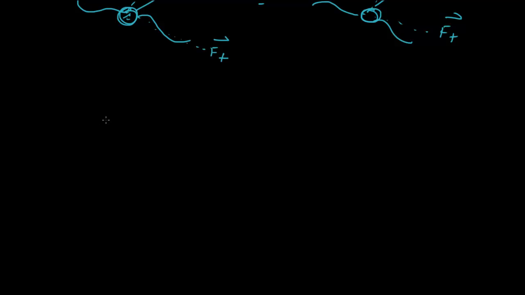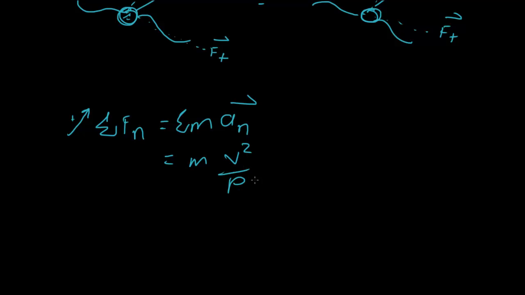We're saying that the sum of the forces in the normal direction, taking the normal direction as positive, is equal to the mass times acceleration in the normal direction, which is also equal to the mass times v squared over rho, which you may know as centripetal acceleration.